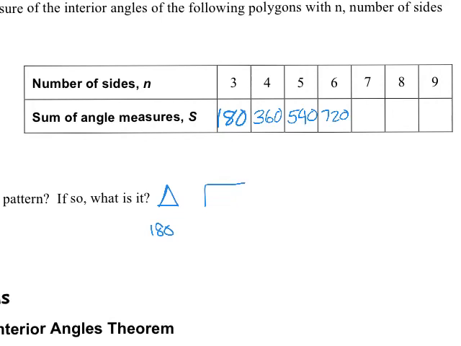Any quadrilateral with 4 sides, how many triangles could I break that into? 2 full triangles, right? So break it in by a diagonal. Now I have 2 triangles times 180 degrees for each triangle. That's 360.